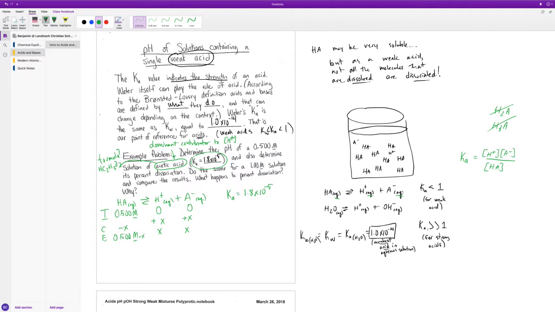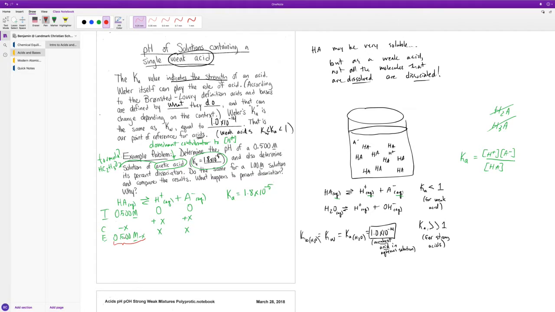Now we can do an exact solution, but in a similar way to what we did with precipitation reactions, there is a simplification we can make for this term right here. X is probably going to be really small because this is a weak acid. We're not going to get a lot of these ions over here.